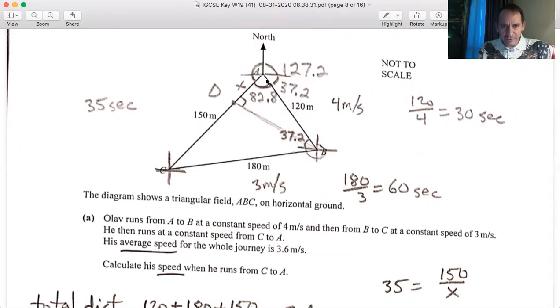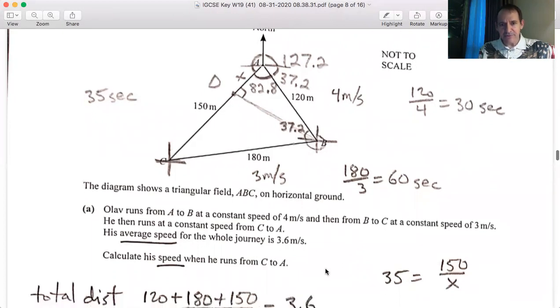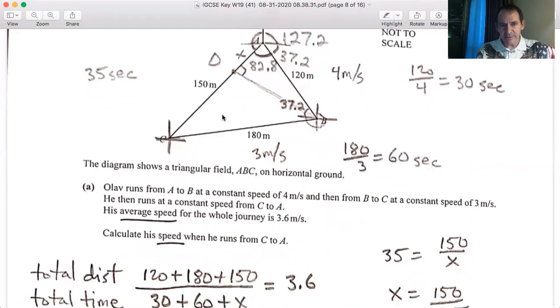Olav runs from A to B at a constant speed of 4 meters per second, and then from B to C at a constant speed of 3 meters per second, and then he runs at a constant speed from C to A, and the average speed for the whole journey is 3.6 meters per second. Calculate his speed when he runs from C to A.